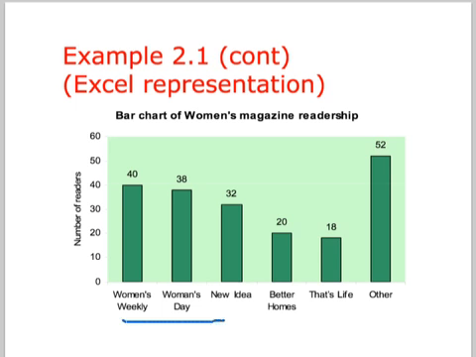On the x-axis, you've got your different types of magazines. On the y-axis, you've got the frequency or the number of readers that are reading the different types of magazines. So there you go, guys. I think this is a good presentation of your qualitative data set.